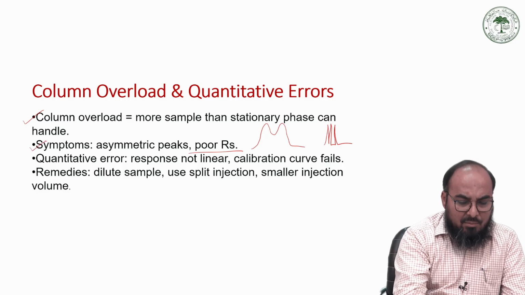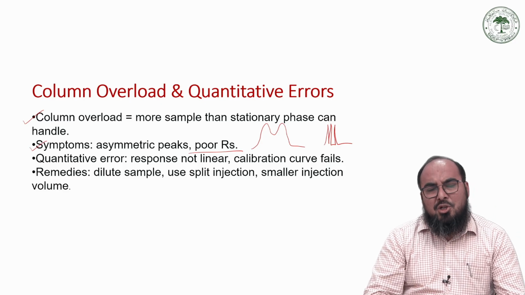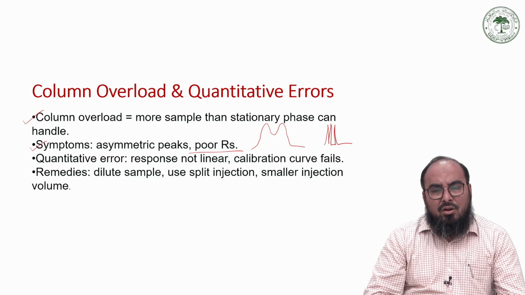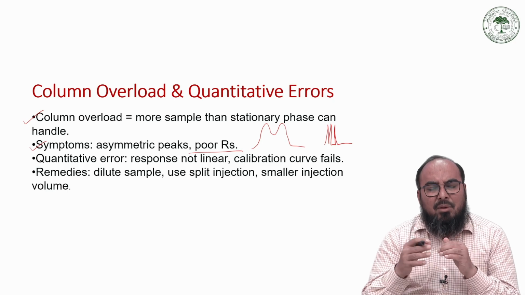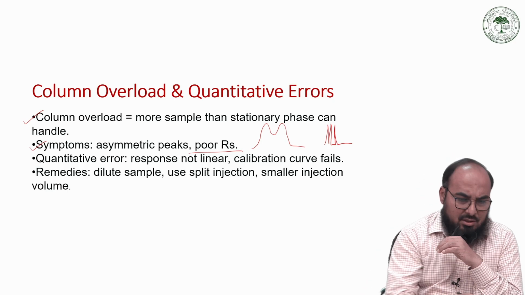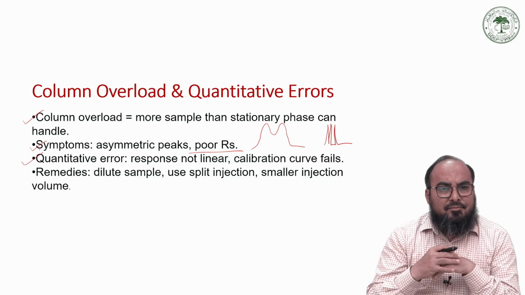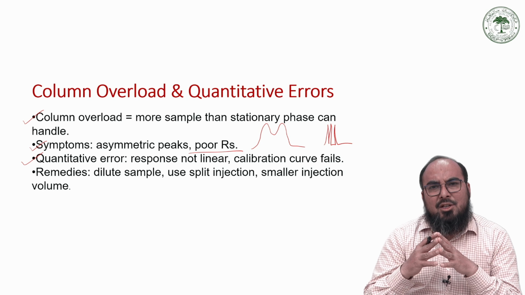So there may be some quantitative error, that response is not linear, or the calibration curve is not good, or reproducibility is not coming. In one case you are getting 3 peaks, but after 5 runs you are getting 4 peaks. So you have to check for all these. Similarly, this generally occurs because your sample is concentrated. So how can you resolve these issues?